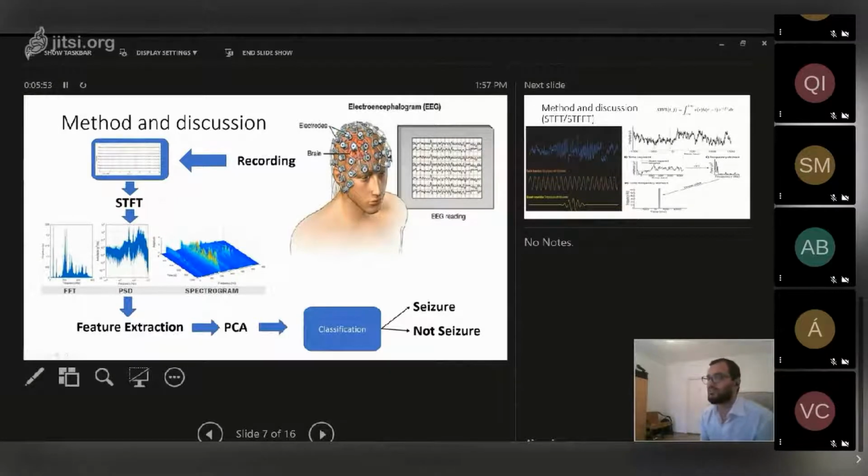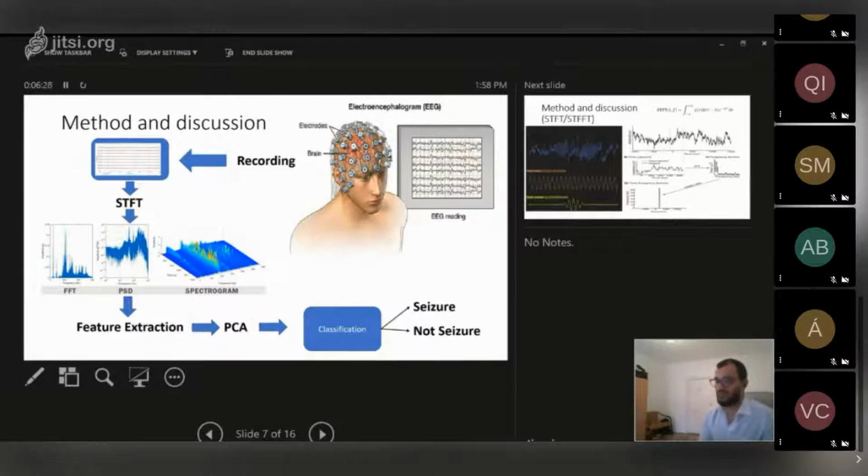In this paper, they use short-time Fourier transform and compare it with some other methods for feature extraction, seen as a power spectrum density, and as a spectrogram of this power spectrum density. Then feature reduction is applied to decrease the number of features, with PCA, and then it is fed to a classifier to see if a person suffers from seizure or not.